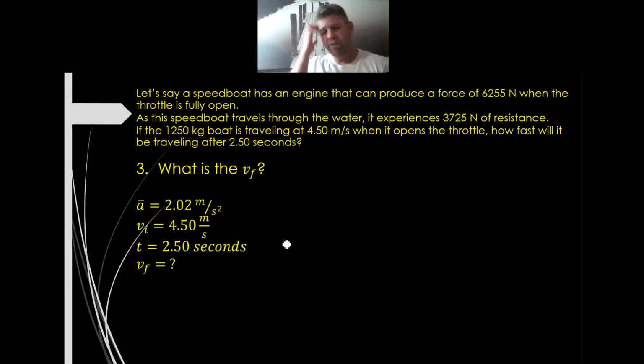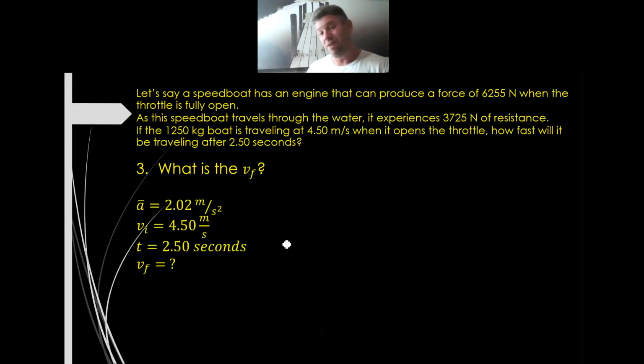All right, VI is 4.5 meters per second. My time is 2.5 seconds. To find my final velocity. Well, to find final velocity, I can use A equals VF minus VI over T. I could use VF squared. I can't use delta D, and I can't use F net equals ma, right? So then, because I see I have a VI, well, that still doesn't do anything. I have A equals, and I have the VF squared equals.